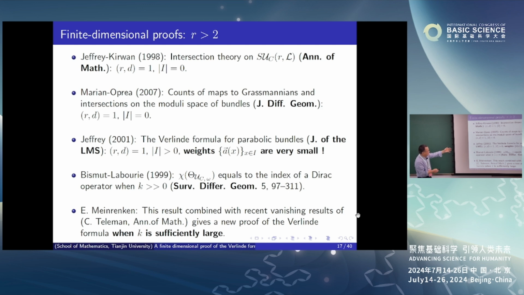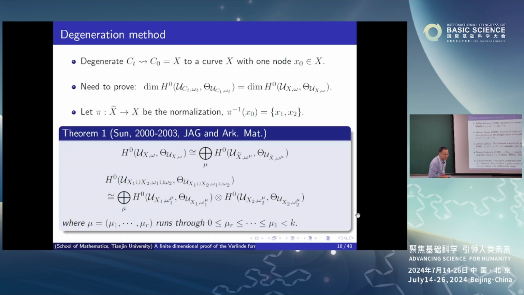Some other proofs always require some conditions, but the main aspect is that you do not need that, because it's a result about these recursion relations.